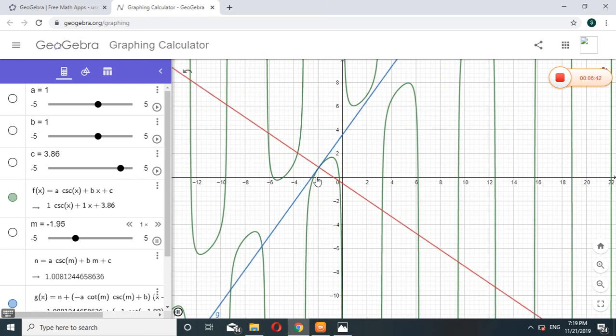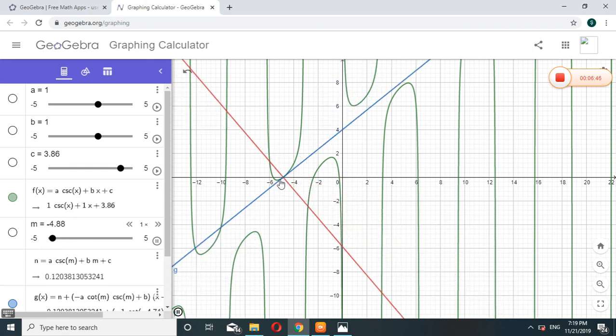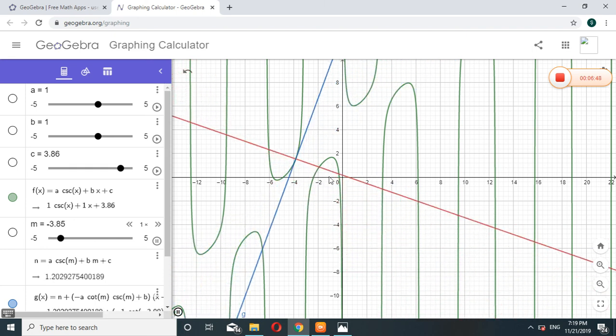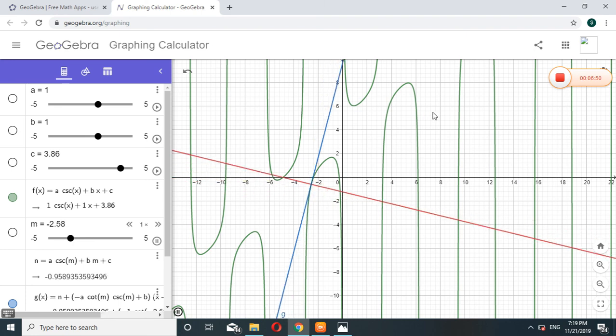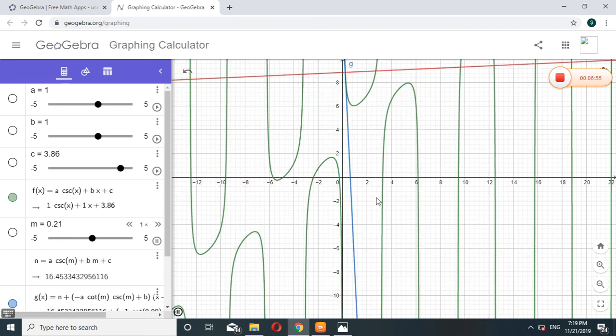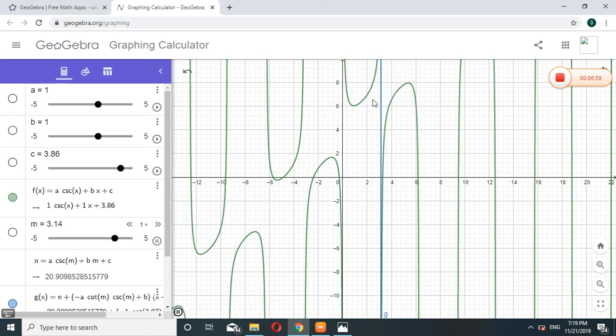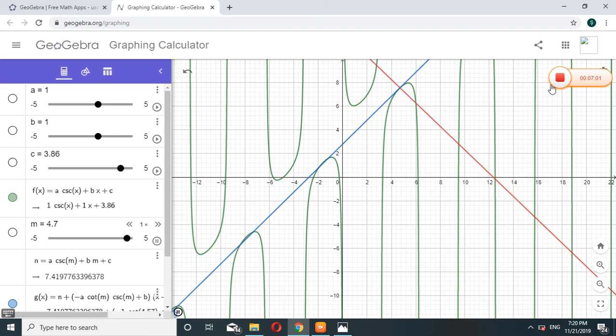You see, they are always perpendicular to each other, and our blue line is our tangent line, and the red line is our normal line, and they are always perpendicular to each other, and also one is tangent and another one is perpendicular. Thank you very much.